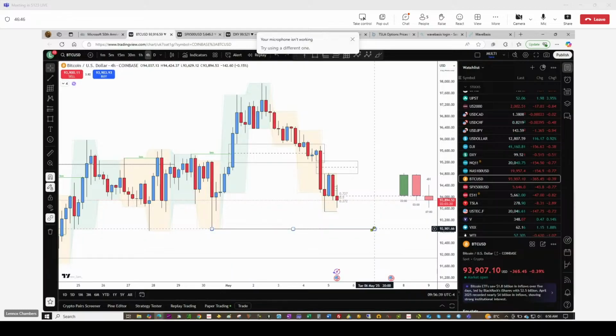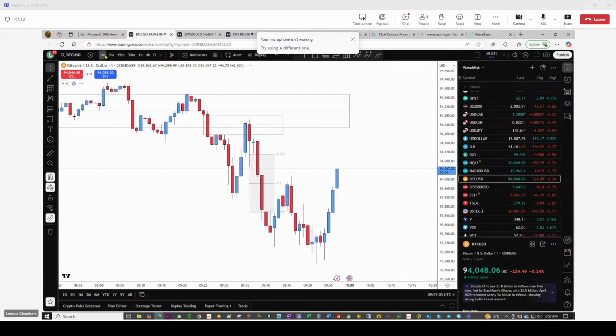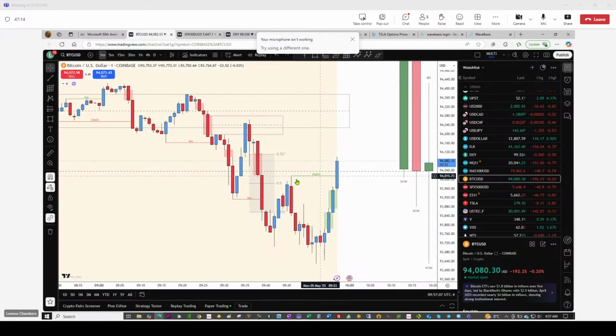Seems like a likely target, this low, but maybe not. Maybe they won't take it. The equal lows here. So the likelihood is that we would come down and take those equal lows. Right now, it's wanting to move a lot higher on NAS. And Bitcoin. So they've moved back up quite a bit here on Bitcoin.